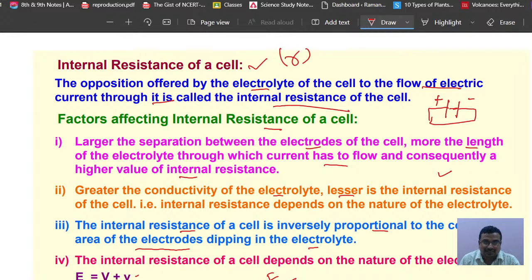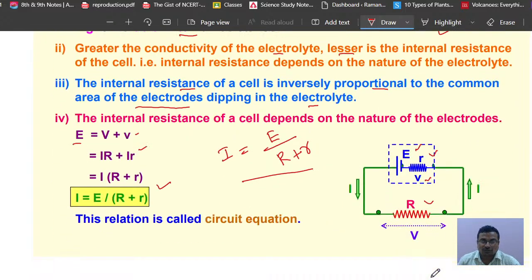This relation is called the circuit equation. So my dear friends, what does this capital R represent? Resistor. What does this small r represent? Internal resistor. What is V? It is voltage. What is E? It is EMF, electromotive force.